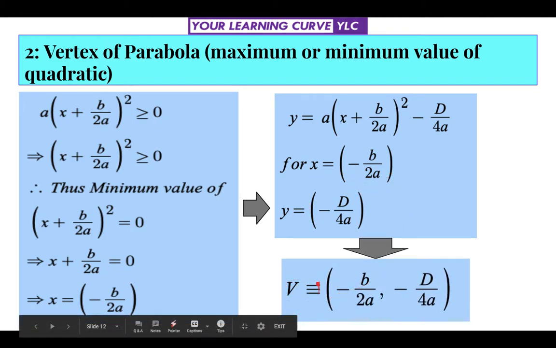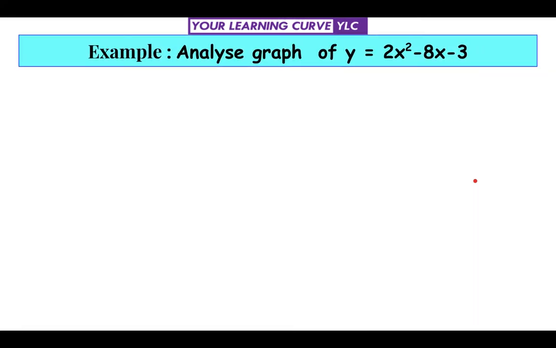Therefore, we say that the vertex is -b/2a as x coordinate and -D/4a as y coordinate. This is the vertex of the parabola. You must remember the vertex of the parabola is (-b/2a, -D/4a).